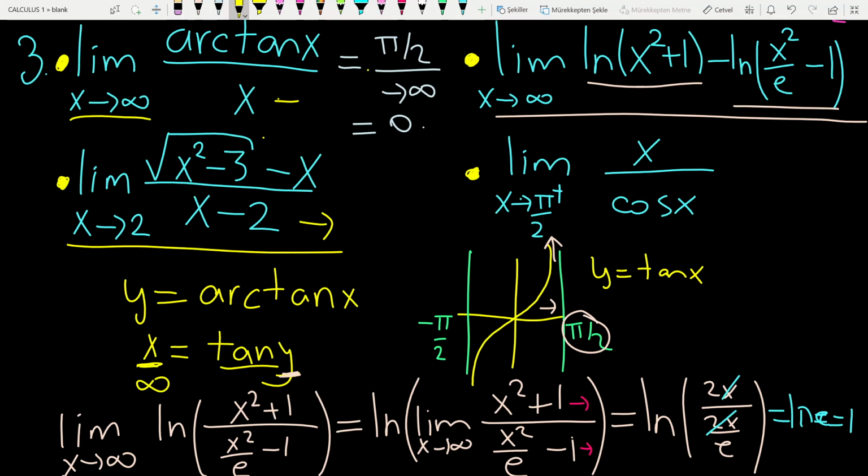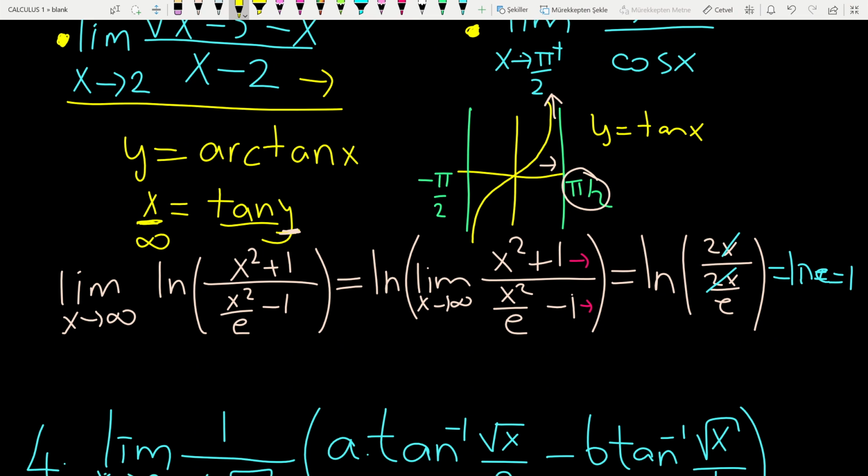So I think your answer is a number over 0, is what? Infinity. Number over 0. If the numerator goes to a number and the denominator goes to 0, then the answer is infinity, you may say. Even if the answer is infinity, the limit does not exist.